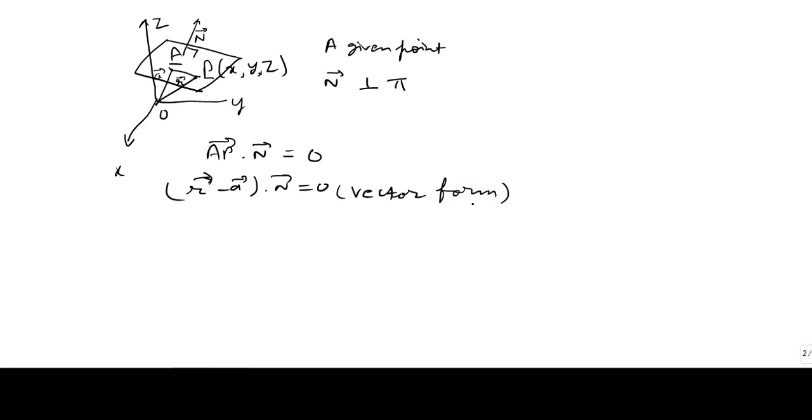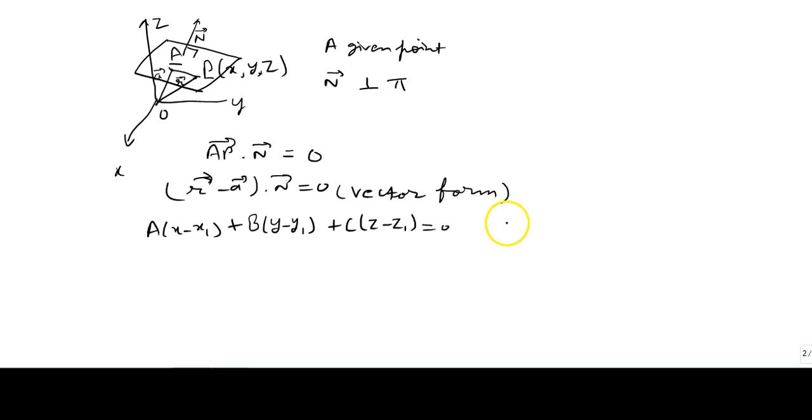If I simplify it, I am going to get an equation which is something like this: a into x minus x1 plus b into y minus y1 plus c into z minus z1 equals to 0.